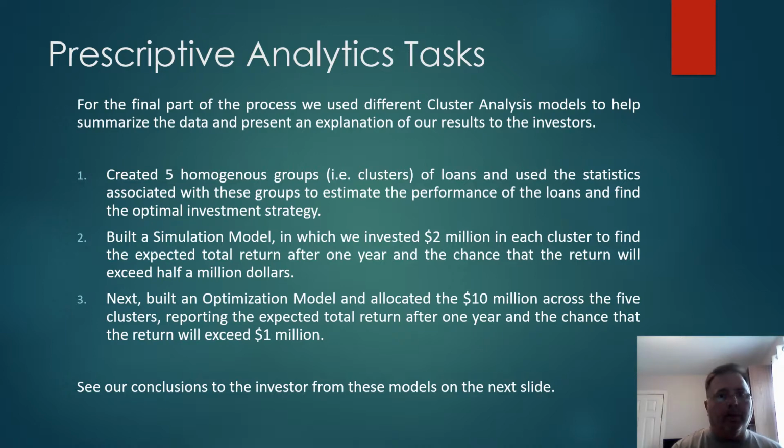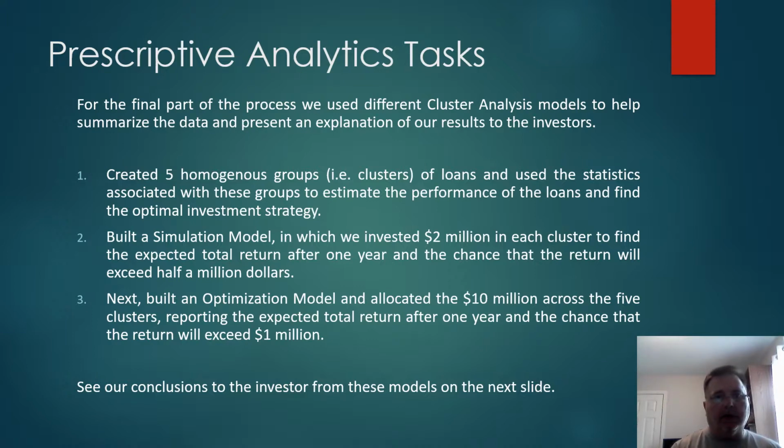For the final part of our process, we use different cluster analysis models to help summarize the data and present an explanation of our results to the investors. First, we created 5 homogeneous groups, i.e. clusters, of loans using the statistics associated with these groups to estimate the performance of the loans and find the optimal investment strategy.